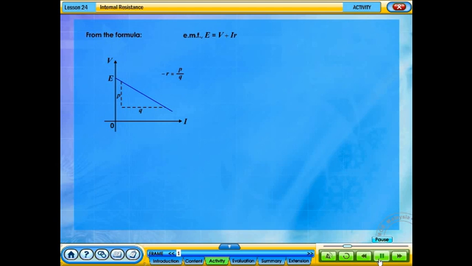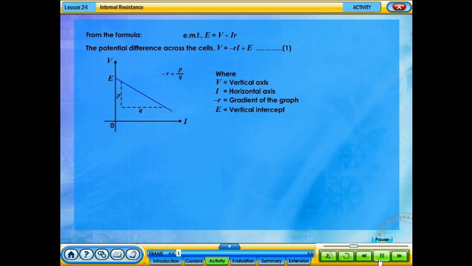From the formula, EMF E equals V plus IR. The potential difference across the cells V equals negative RI plus E, where V equals the vertical axis, I equals the horizontal axis, negative R equals the gradient of the graph, and E equals the vertical intercept.